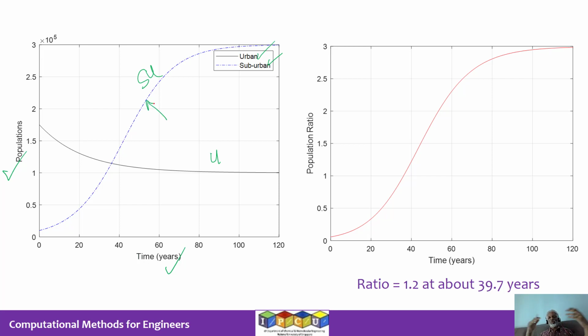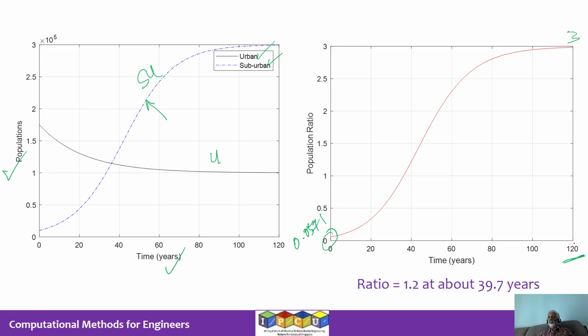That's the logistic growth. And then this being the ratio of S by U, the suburban population to urban population, it has this particular shape. It starts at somewhere like 0.0571, which is 10,000 by 175,000. And it goes all the way, as we thought, till 3.